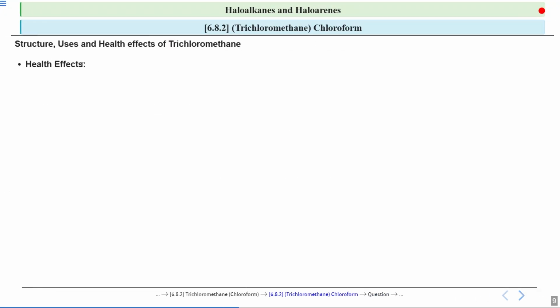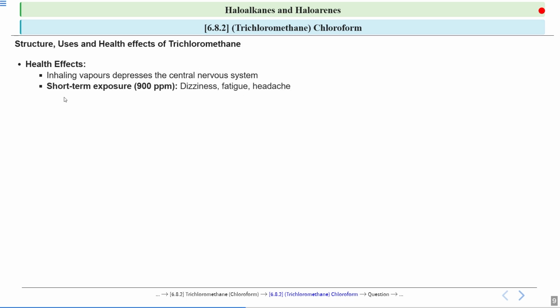Now, if we talk about its health effects, how can it affect our health? Inhaling vapors depresses the central nervous system. If you inhale chloroform vapors, it can depress or destroy your central nervous system. Short-term exposure up to 900 parts per million can cause dizziness, fatigue, and headache.